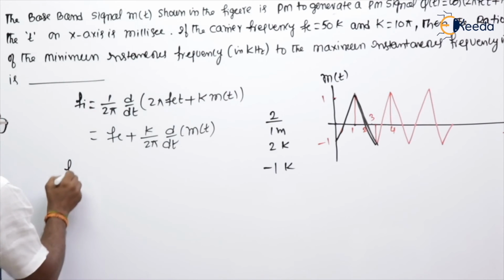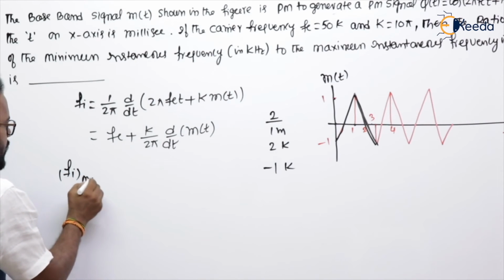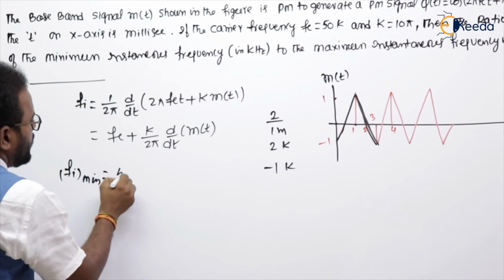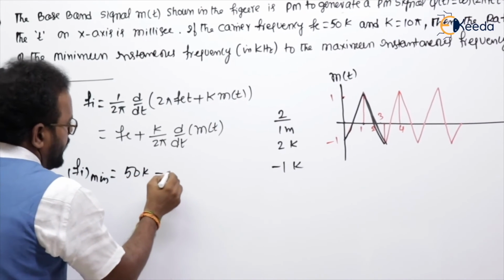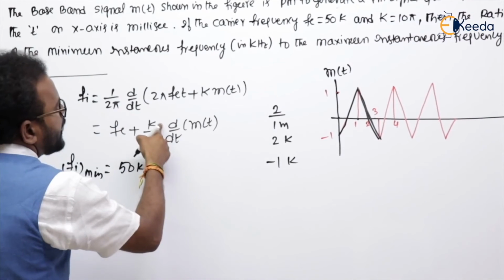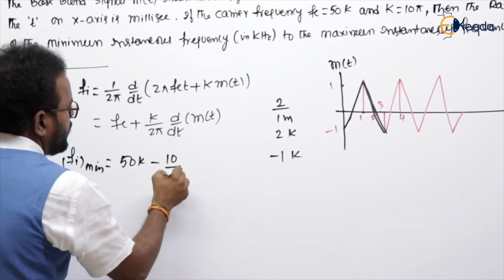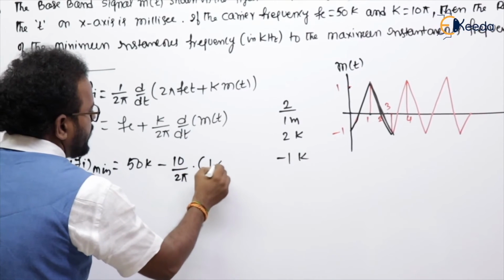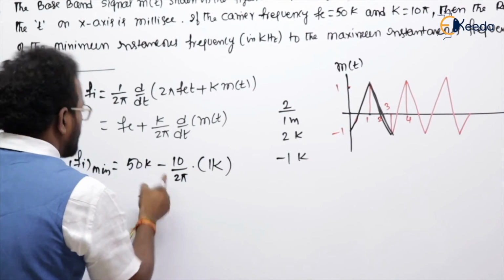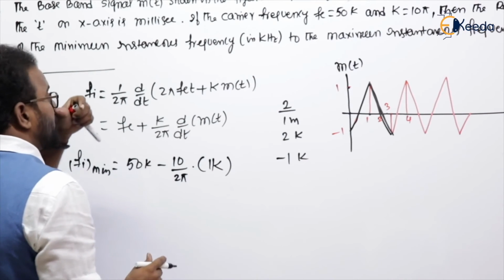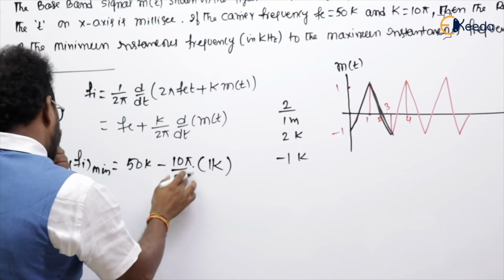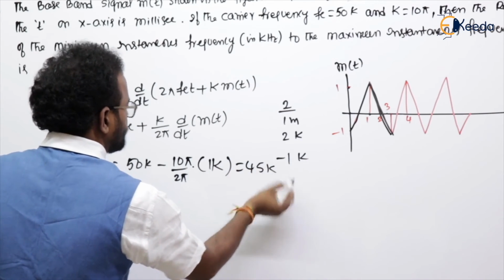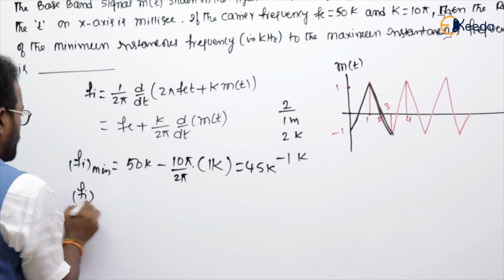So what is the Fi minimum value? Fc value is given as 50k, minus, because the negative slope is there, k value 10 pi by 2 pi into the slope of 1k. Of course the negative is already taken as minus. So 10 pi by 2 pi is 5 kilo, 50 minus 5, 45. What is Fi max?